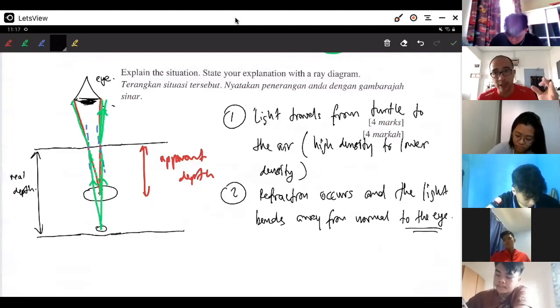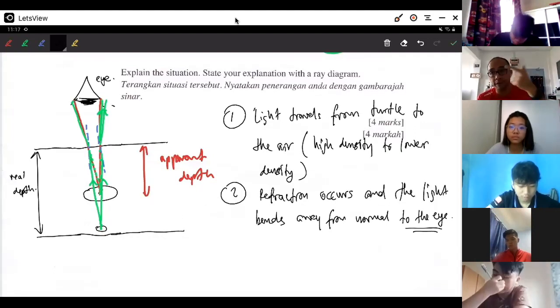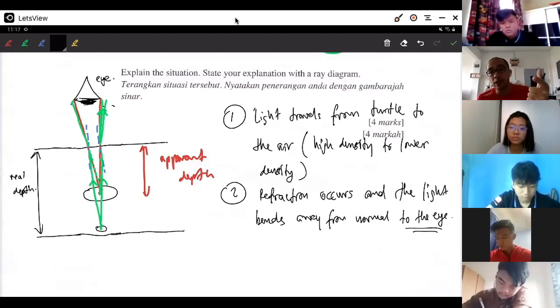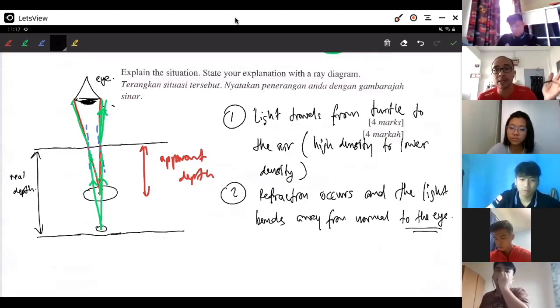Any refraction question will always have this same explanation. First kamu cakap light pergi dari mana ke mana, high density, low density. And secondly, you talk about refraction happens and then itu light itu sama ada dia bend away from normal or nearer to normal. All refraction question explanations always talk about the same thing.